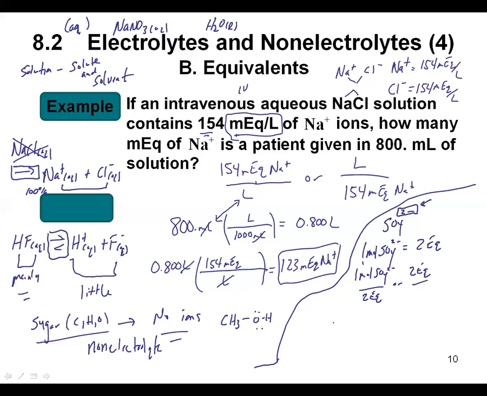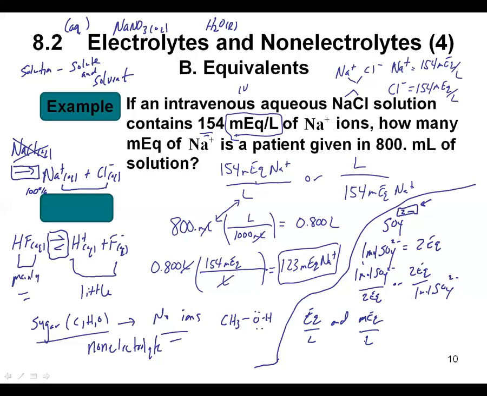So equivalents per liter and milliequivalents per liter are very common units of solution, especially, like I said, IV type solutions. And as we talked about above, milliequivalents to equivalents is the same sort of conversion as milliliters to liters. So there's 1,000 milliequivalents in an equivalent.